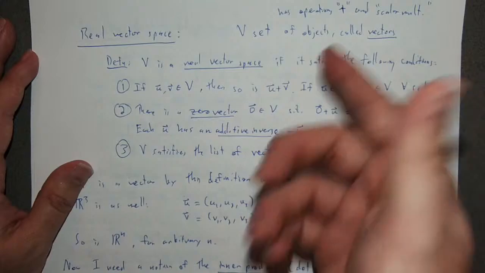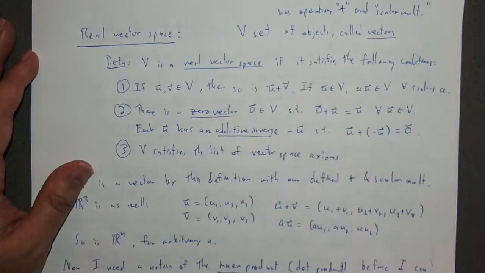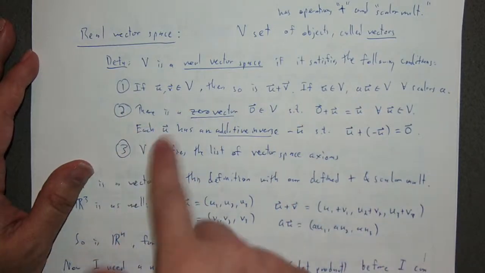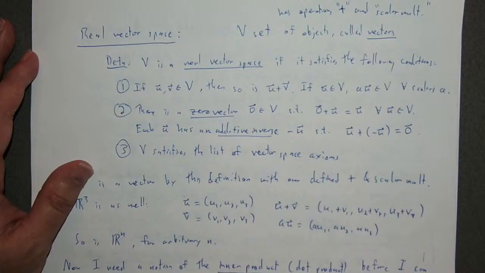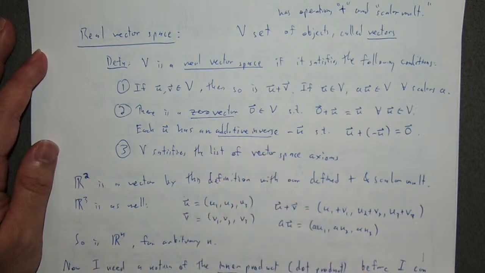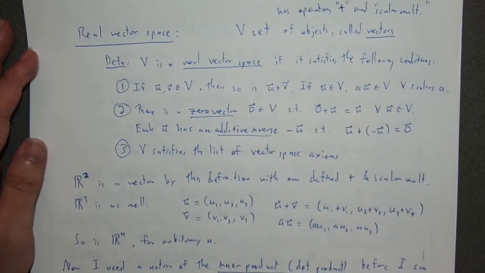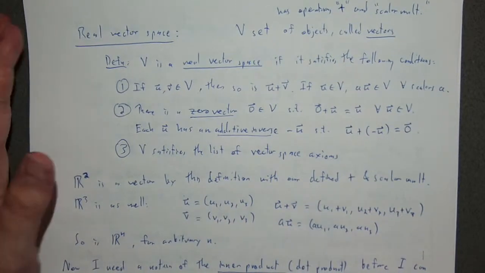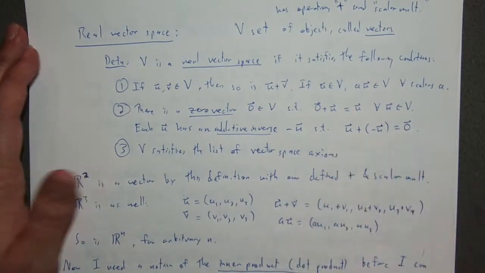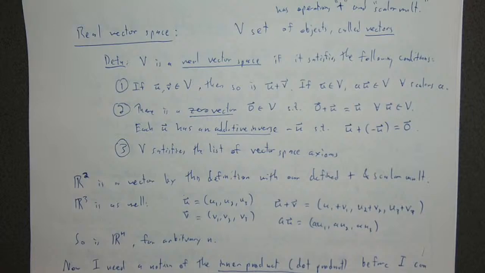So whenever I have 2 objects of V and I perform one of these operations, the resulting object is necessarily in V. That's all that one says here. 2, there exists a zero vector, that is, this zero object satisfies that zero object axiom in our previous list. And each vector has an additive inverse minus u. So each vector u has an additive inverse in symbols minus u that satisfies this axiom that when you add it to its additive inverse, you get this zero vector.